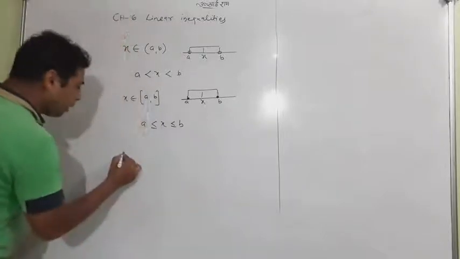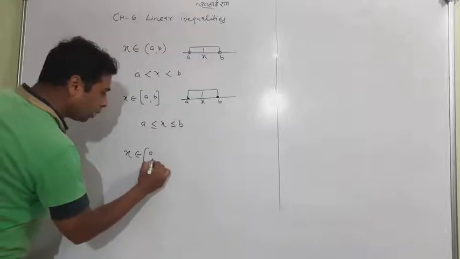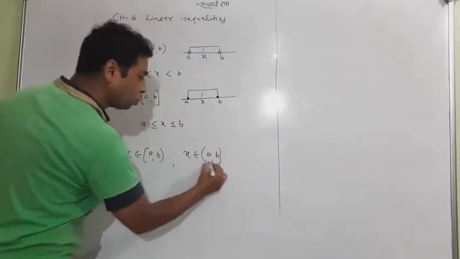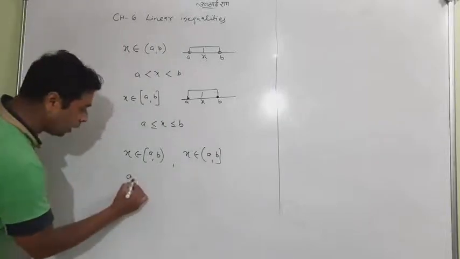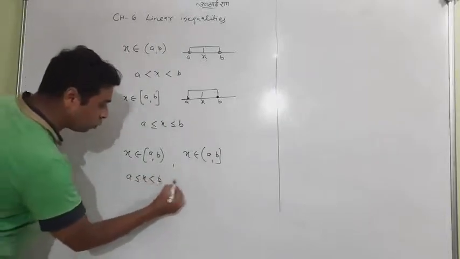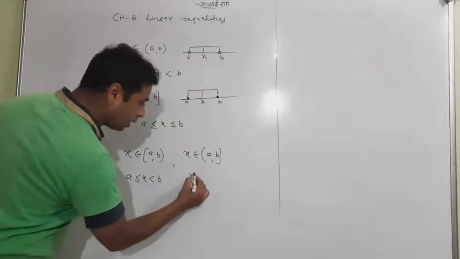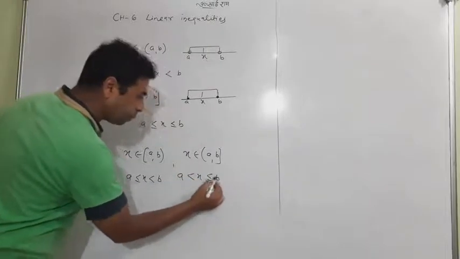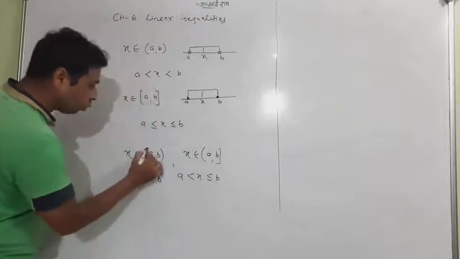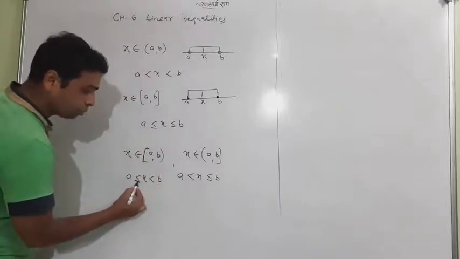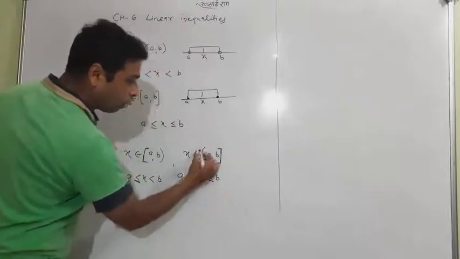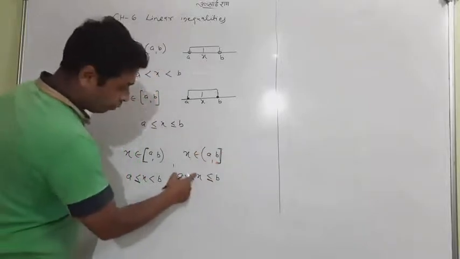So in a quick way, two more things: [a, b) and (a, b]. These are semi-open, semi-closed intervals. You also know this. It means a less than or equal to x less than b, and a less than x less than or equal to b. Simply understand that a closed interval follows the equal to sign, and an open interval follows only the strict sign.